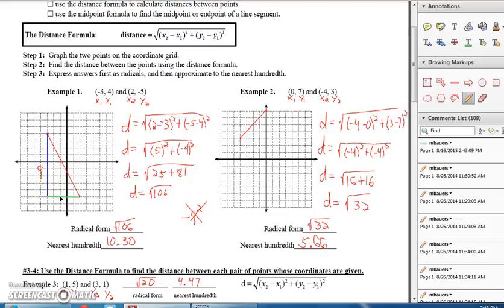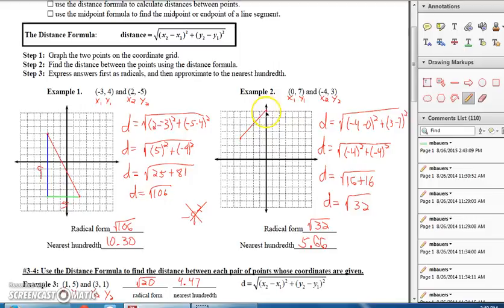This is 1, 2, 3, 4, 5. And look at our two numbers that were squared here. 5 squared and 9 squared. Now yeah, that's a -9, but what's -9 squared? 81. What's 9 squared? 81. So if you have the drawing already in a coordinate plane, you can do that as a little shortcut.